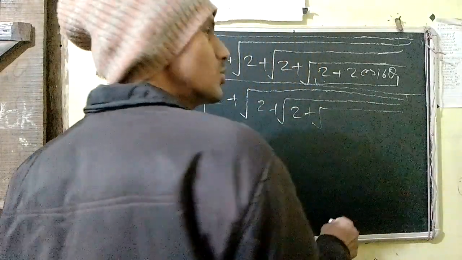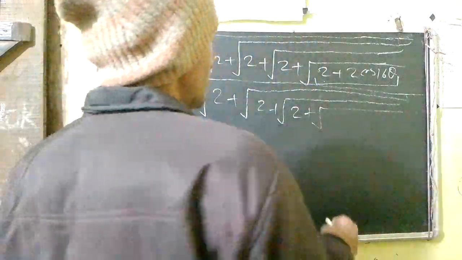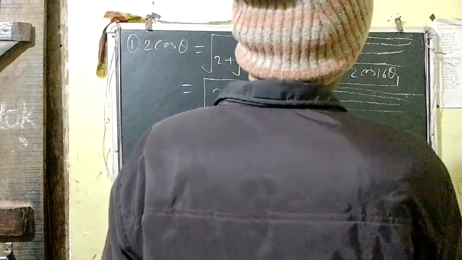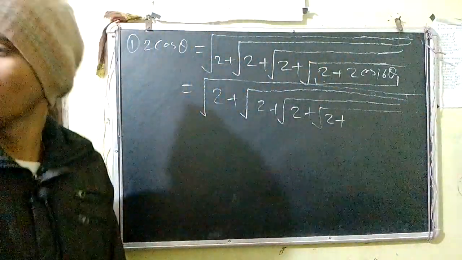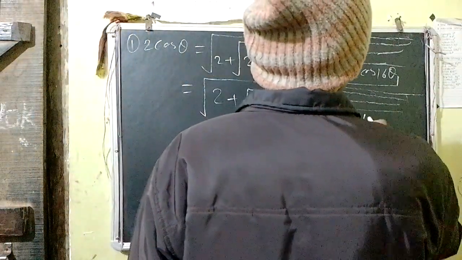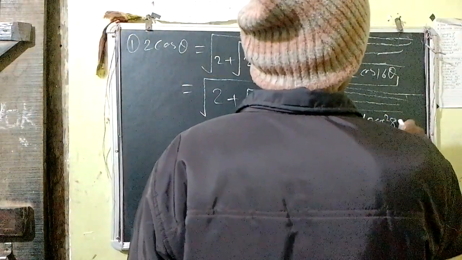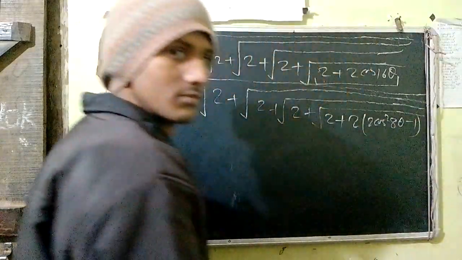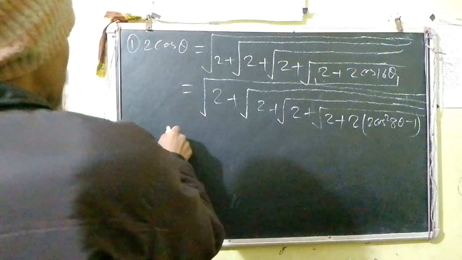We have 2 plus 2 cosine 16 theta, so I can write this as 2 times 2 cosine squared 8 theta minus 1. Does this make sense?